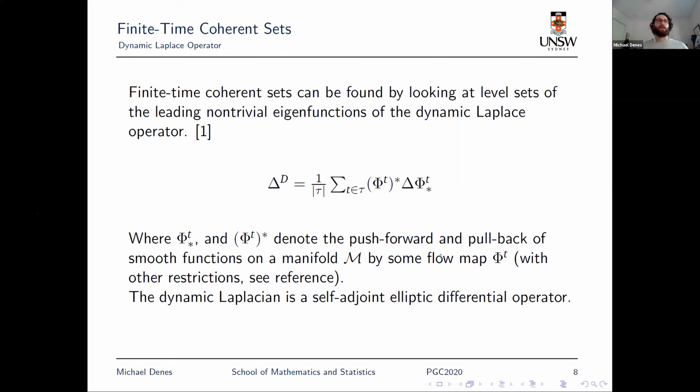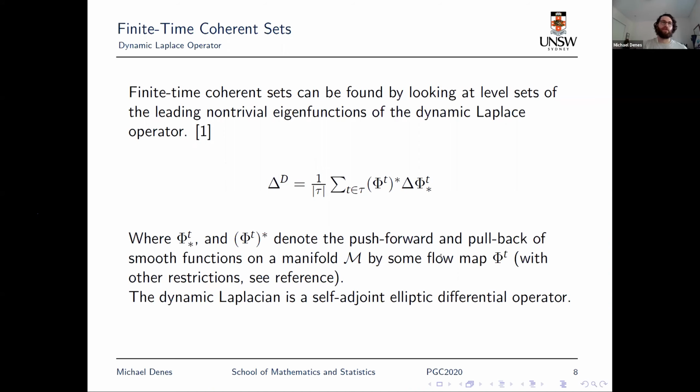And so the idea here is we have an evolving domain, and we're looking for regions where the heat remains in the same spot. That's one way of thinking about going from the Laplace operator to a dynamic Laplace operator: you can think of regions that don't mix well. So the heat transferring means that you have mixing, and if the heat doesn't transfer, then you don't have as much mixing.